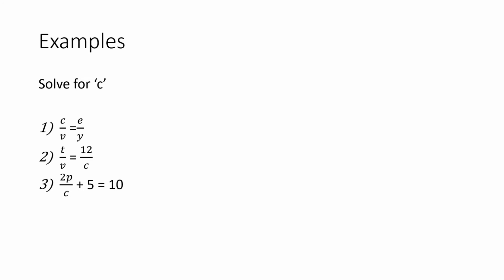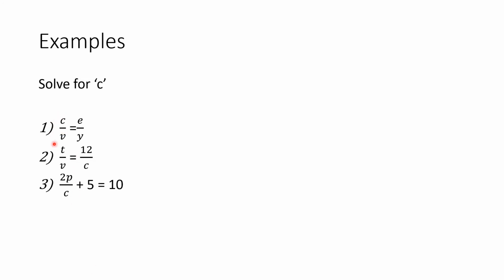So examples here, they're asking us to find C or solve for C. In other words, we want C to be the subject of the formula. And again, I repeat, to make C the subject of the formula, we just have to make sure that C is saying 3 things about itself. 1, it is positive, meaning that it doesn't have a negative sign in front of it. 2, it is in a numerator, meaning that if we have a fraction, it is at the top and not at the bottom.